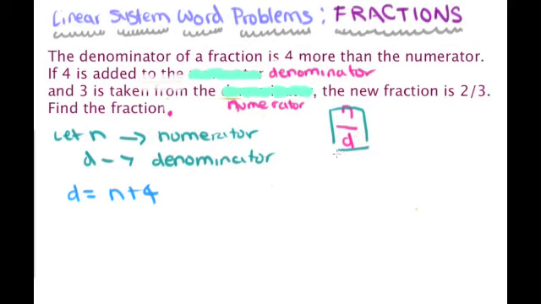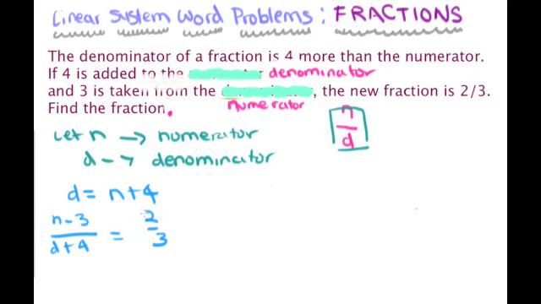So 3 is taken from the numerator, n minus 3, over 4 is added to the denominator, d plus 4, is equal to 2 over 3. Because if we change the numerator and the denominator, the new fraction we get will be simplified to 2/3.